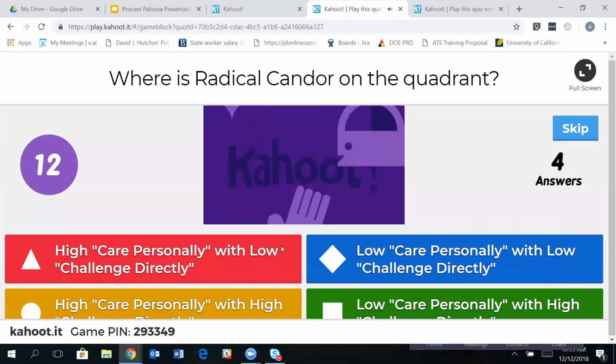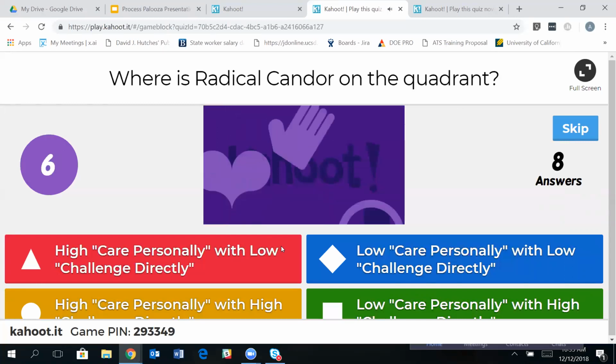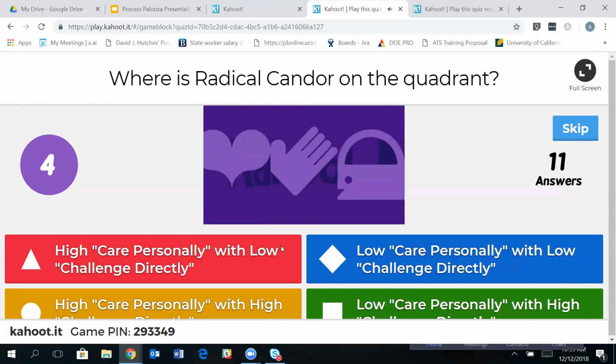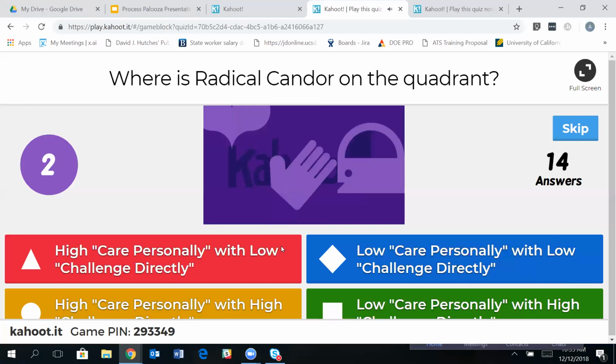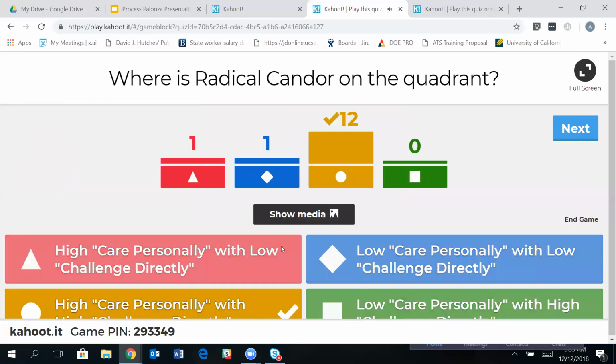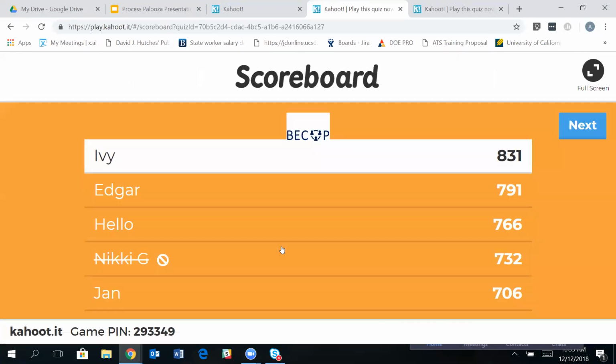Low care personally with low challenge directly? High care personally with high challenge directly, or low care personally with high challenge directly? Yeah, so it's high care personally with high challenge directly. Yeah, that's tough.